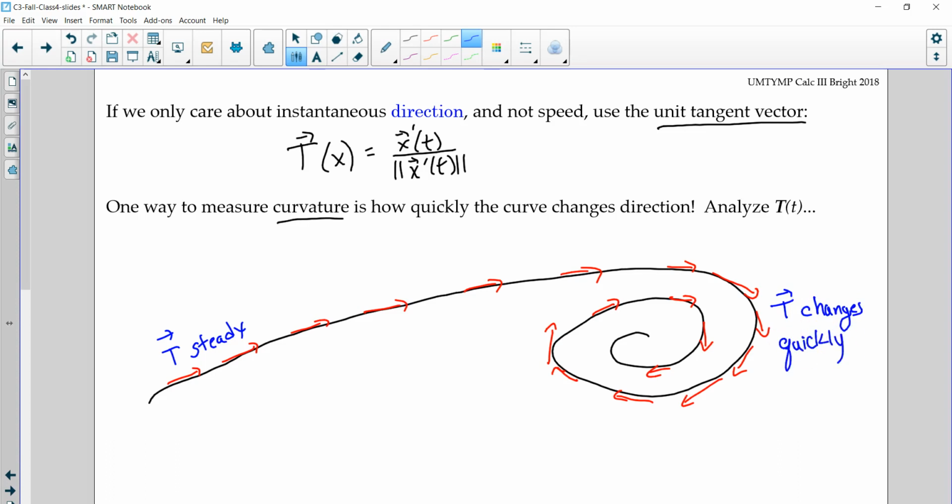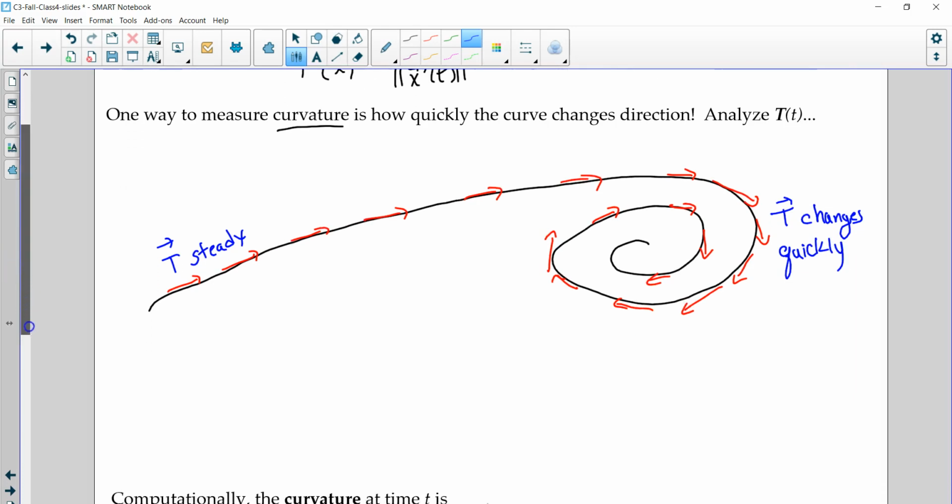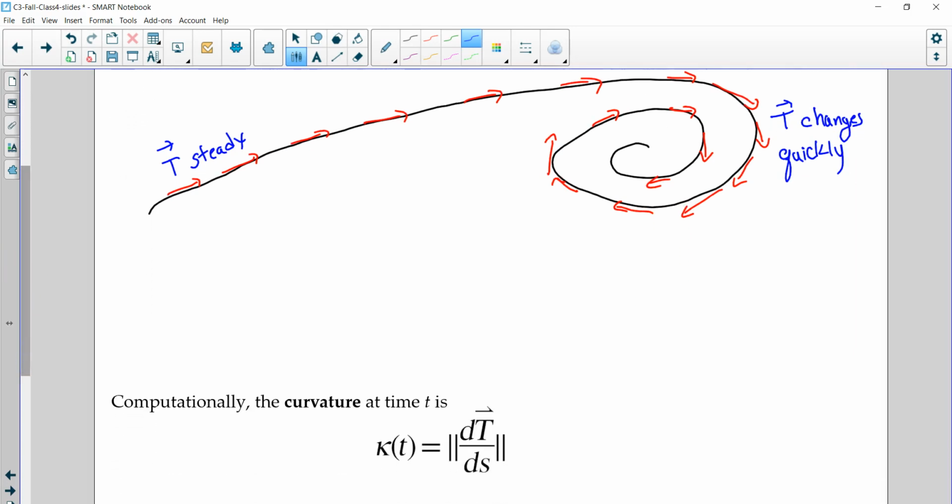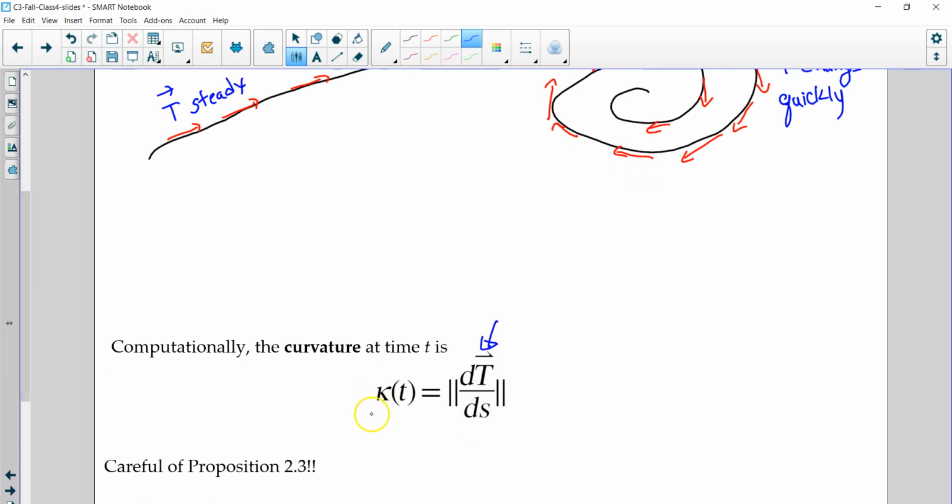We need a way to quantify that change, and it turns out that curvature is measured by the rate of change of that tangent vector. Curvature is given by the Greek letter kappa. In your online homework, if you need to insert kappa, you do something like /kappa to get it to insert, and then of t.